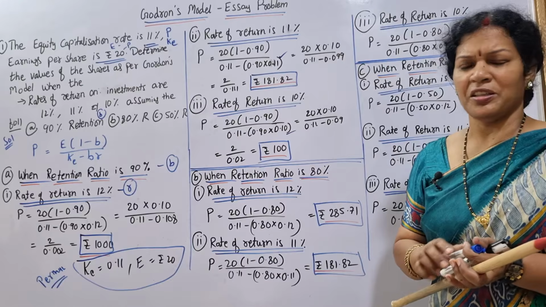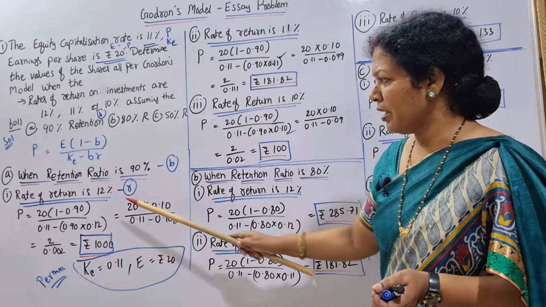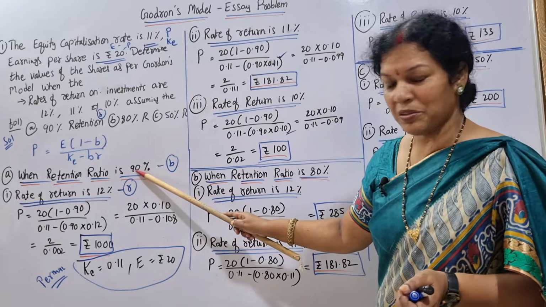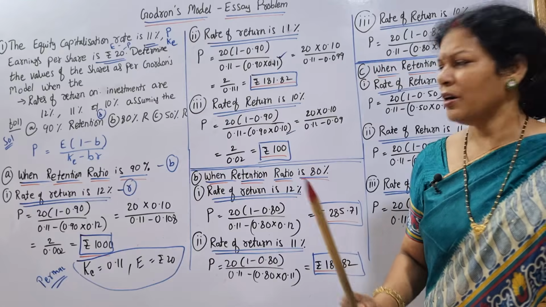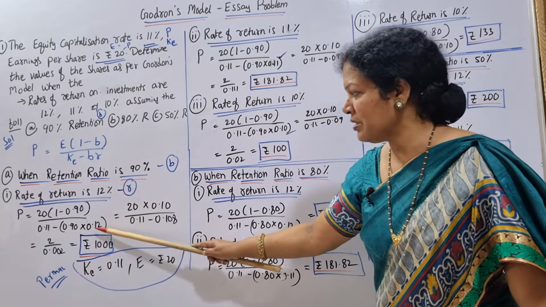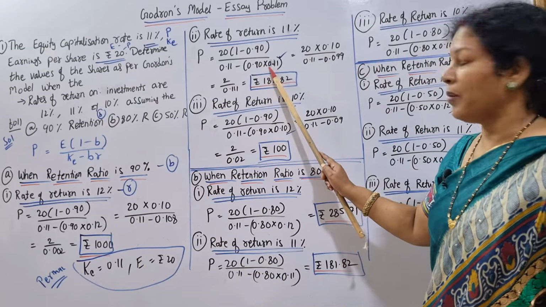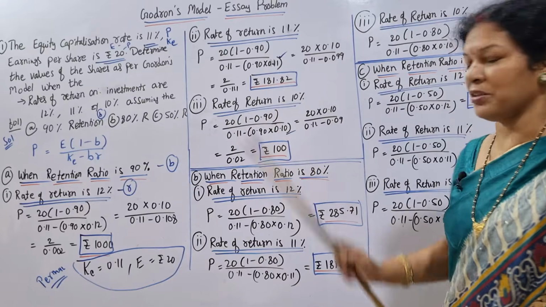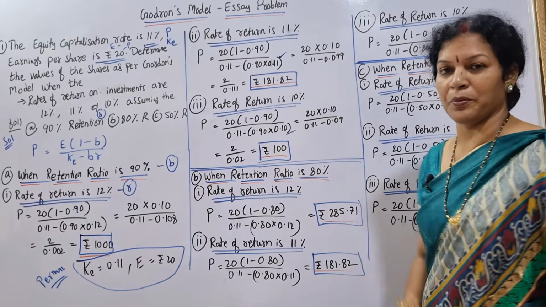We did not change anything because KE is permanent, E is permanent, and even 90% is permanent, same everywhere. Only the rate of return we are changing: 0.12, 0.11, 0.10. If you do the calculations, you get an answer of 100 rupees.